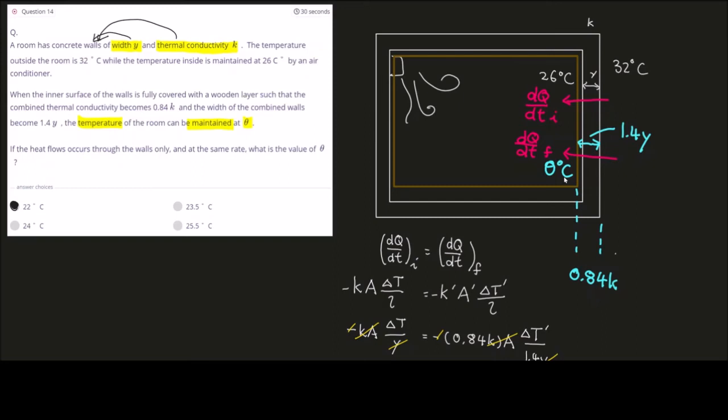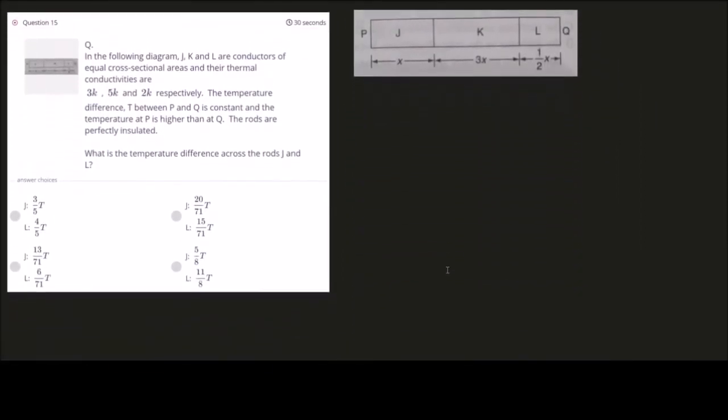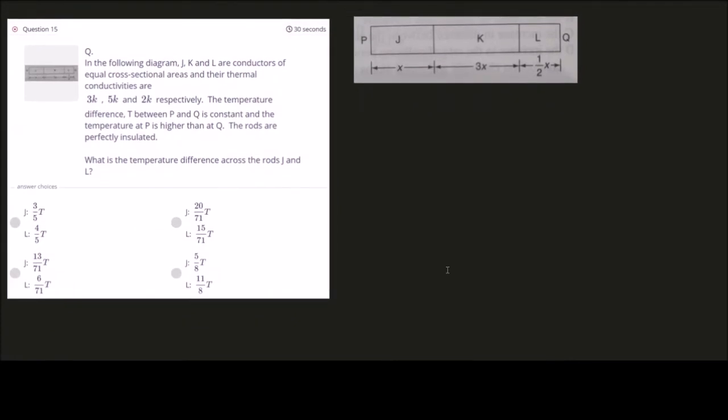Okay, so let's move on to the next question. Question 15. In the following diagram, J, K, L are conductors of equal cross-sectional areas, and the thermal conductivities are 3K, 5K, and 2K respectively.